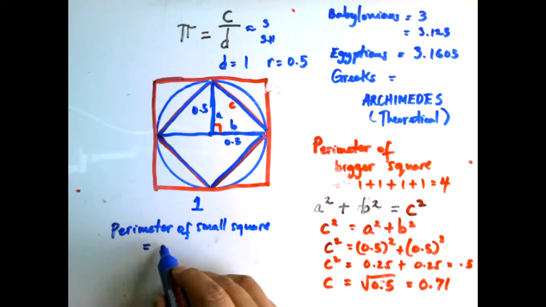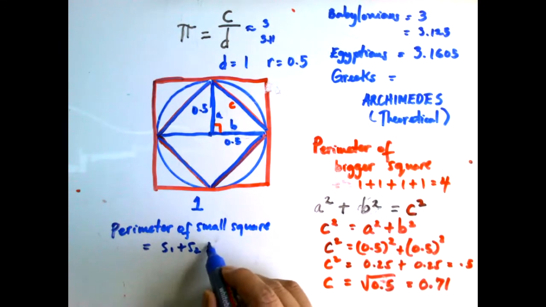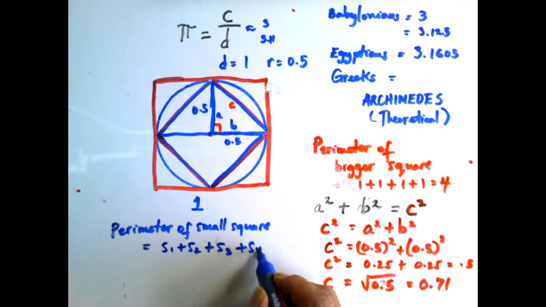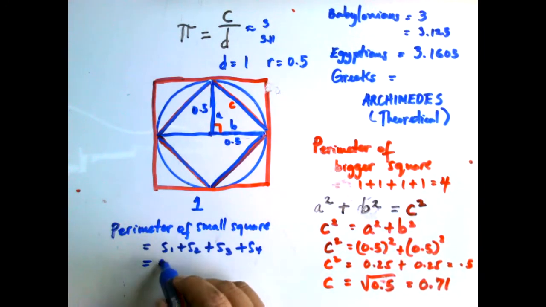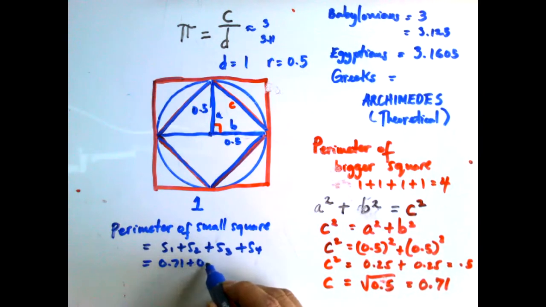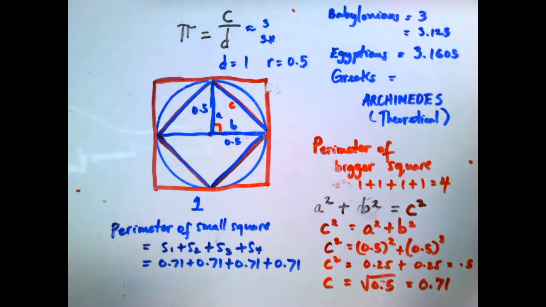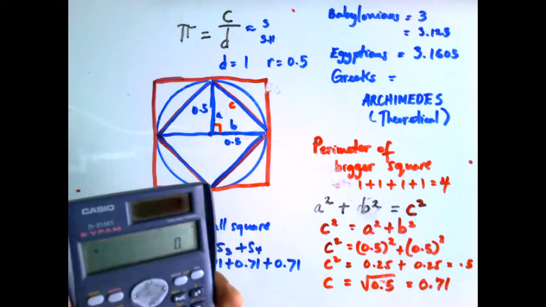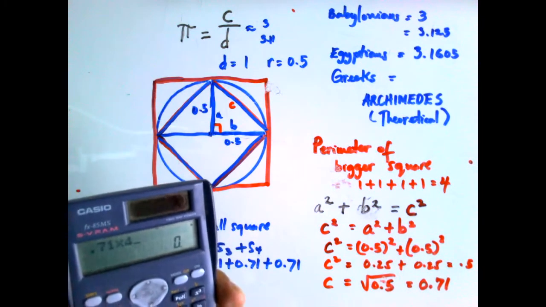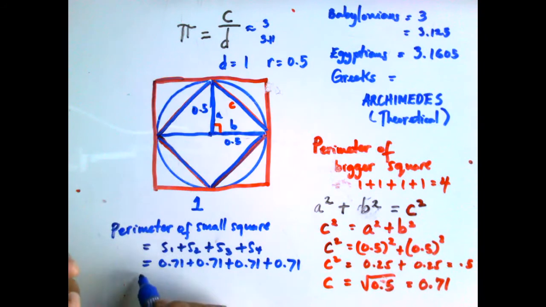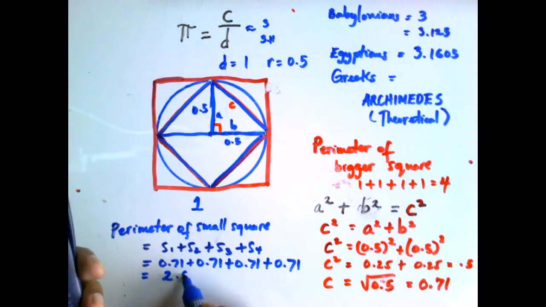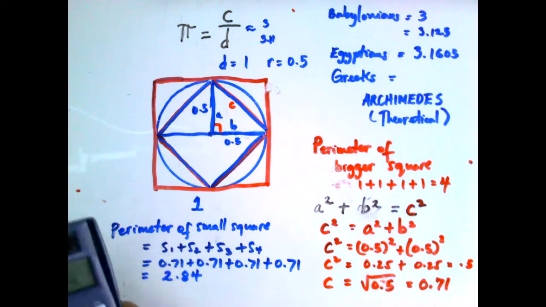So it should be side 1 plus side 2 plus side 3 plus side 4, which is essentially 0.71 every time, because all the sides of a square have equal length. Now what is 1, 2, 3, 4? Yeah, that's right. So 0.71 times 4 is 2.84.